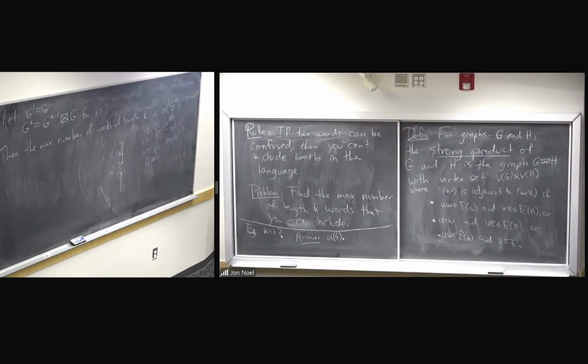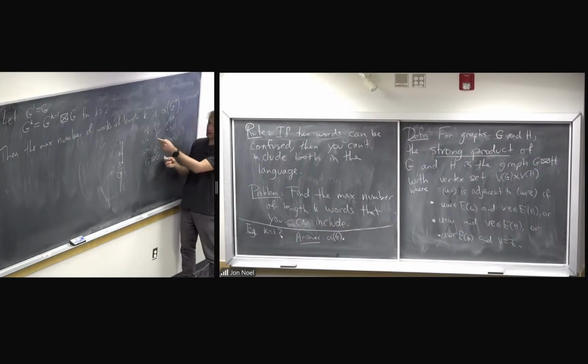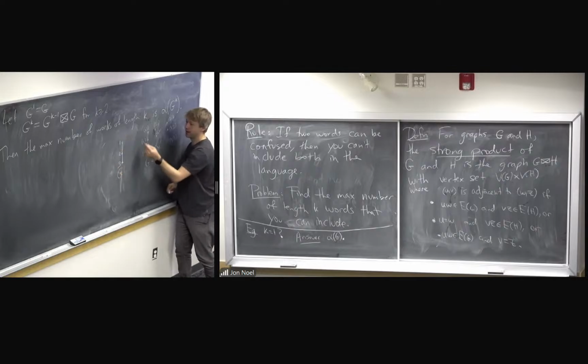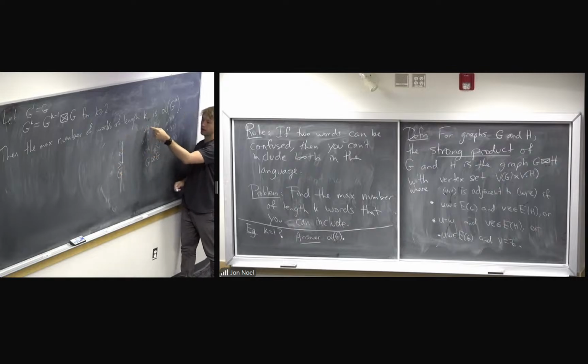And if we think about the adjacency relation, one way you could be adjacent in this graph is you could have the same first coordinate and be adjacent in the second coordinate. That means within any column, the graph I get should be the graph G. If I fix the first coordinate, the second coordinates induce the graph G, because one of my conditions is you could have the same first coordinate and be adjacent in the second.